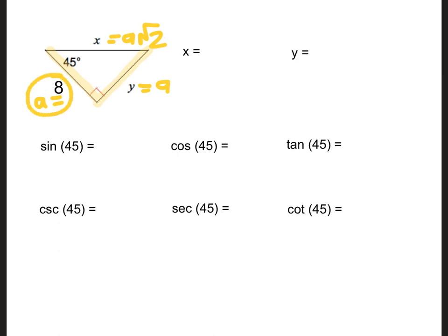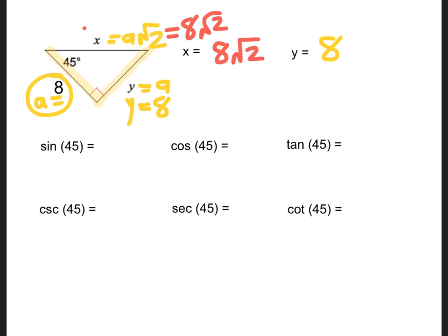Right now I have 8 equals A and y equals A, so y equals 8. You could put 8 right up there. X is A root 2, so if I plug in 8 for A, we'd have X equals 8 root 2. Here this would equal 8 square root of 2, and that would be your X value.